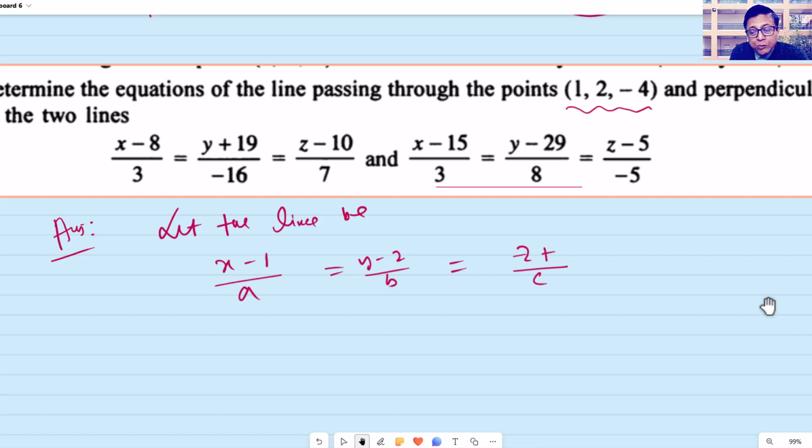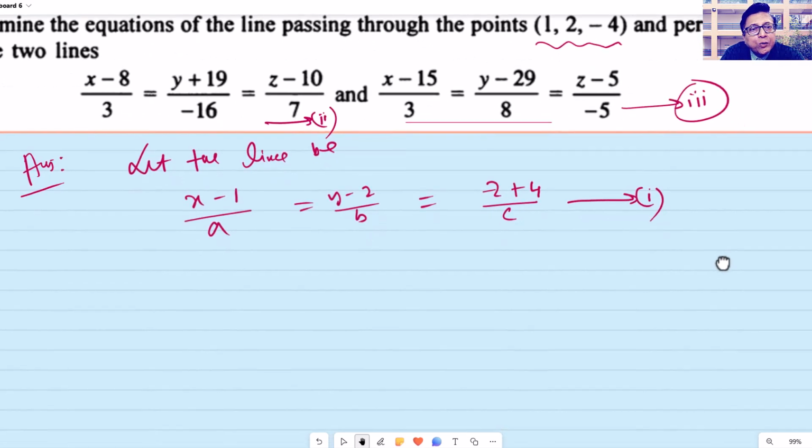Hope you have understood. This is the line whose equation you are going to find. It is perpendicular to this line. It is perpendicular to this one also. So line 1 is perpendicular to line 2.